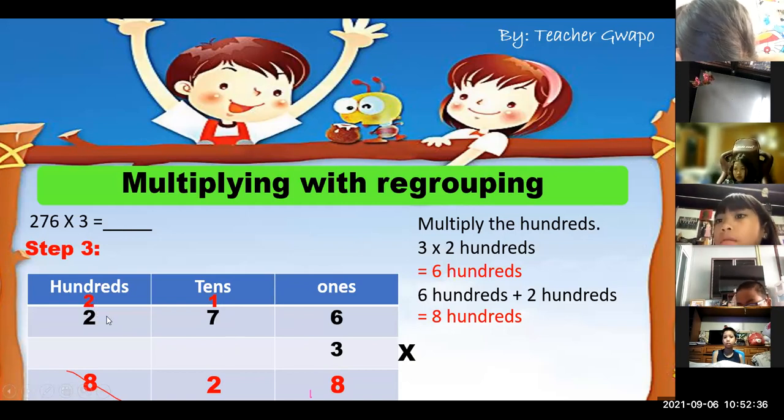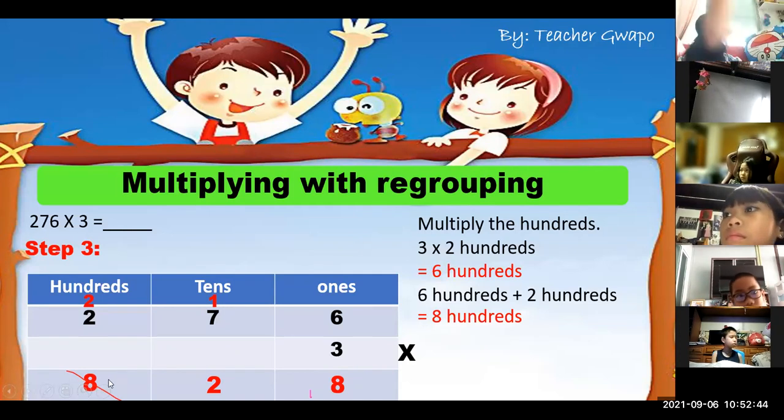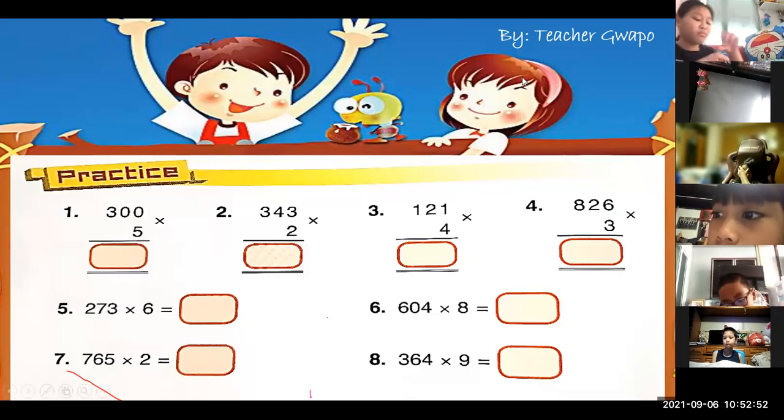Next, 3 times 2 is 6 plus 2 is equal to 8. So we have the answer of 828, right? Very easy.